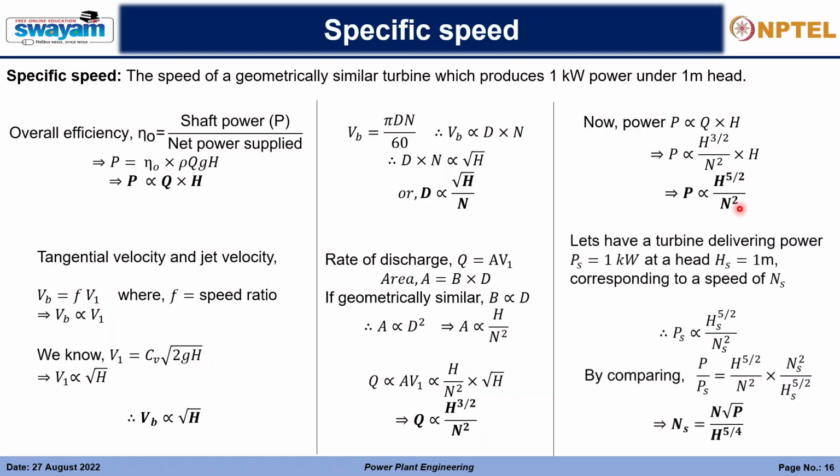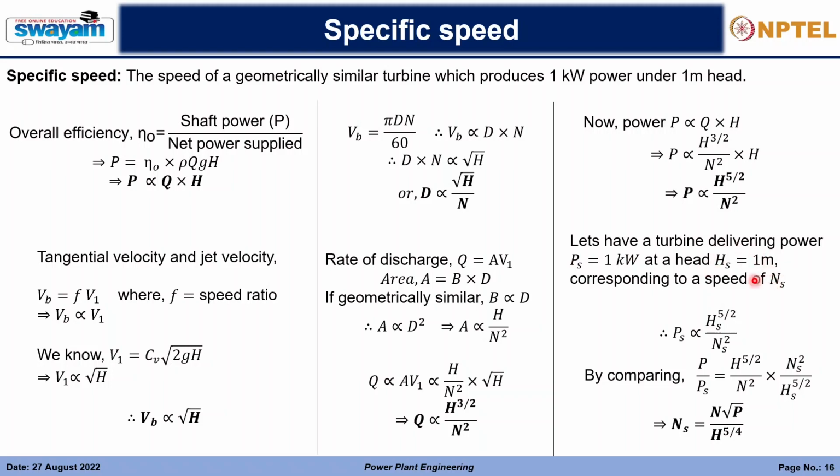So now, when we are scaling down, the turbine will be having a particular power P at a particular head H, and it corresponds to a particular speed N. But we need to scale it down to a particular turbine which delivers power PS of 1 kilowatt at a head of 1 meter.